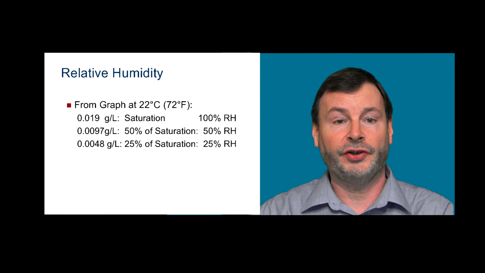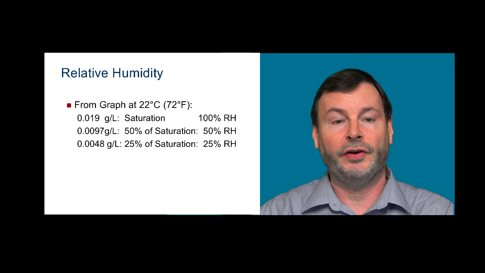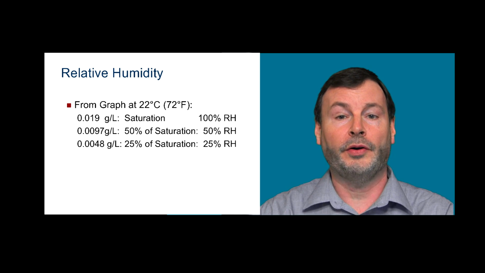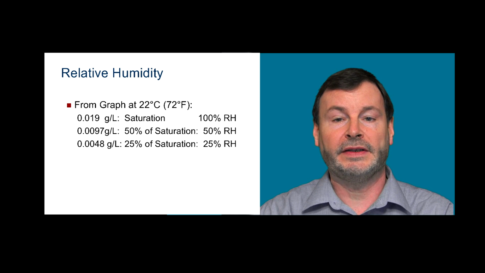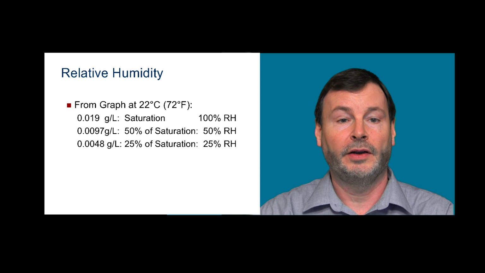And that's our definition of relative humidity. 50% of the saturation is 50% relative humidity. If we had a quarter of that amount of 0.019, in other words, 0.0048 grams of water per liter of air, that would yield 25% relative humidity. So relative humidity is the percentage of water vapor that's present as compared to the maximum amount possible, or saturation.